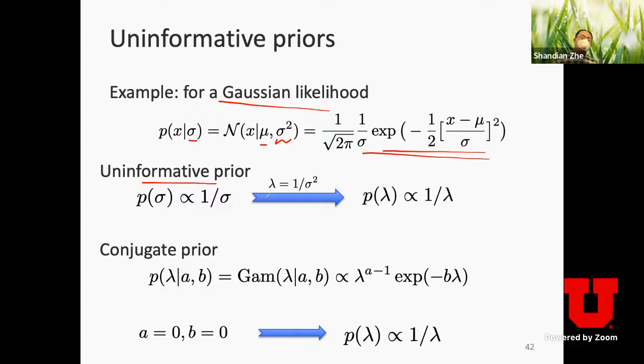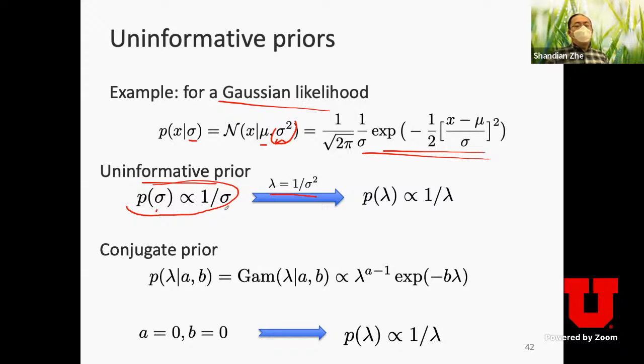And remember, when we talked about the conjugate prior with respect to the Gaussian distribution, we used to look at the inverse variance. From this uninformed prior, if we make a transformation over sigma, the precision or inverse variance is 1 over sigma squared.